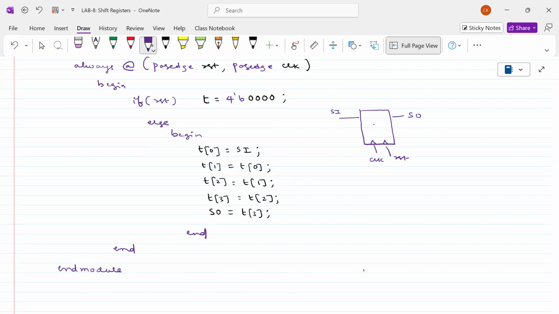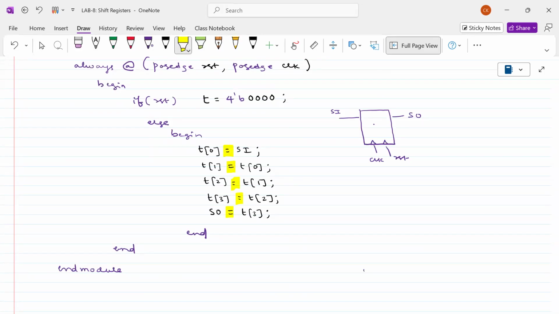Why is it so? This is because we are using the blocking statements. What are the blocking statements here? Look at this one. The moment you use this equality operator, this is called blocking assignment.